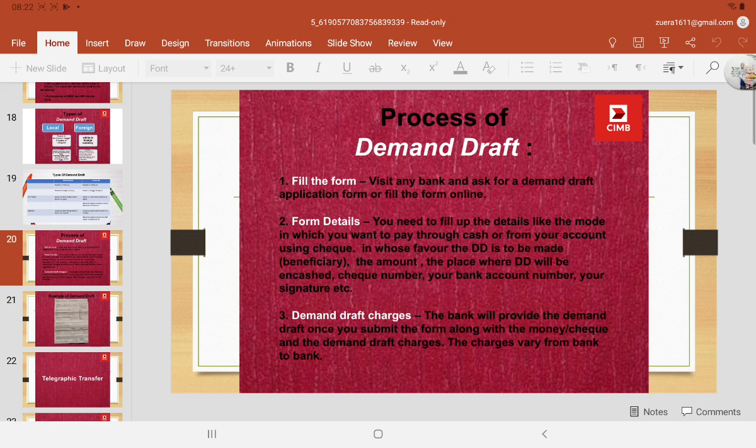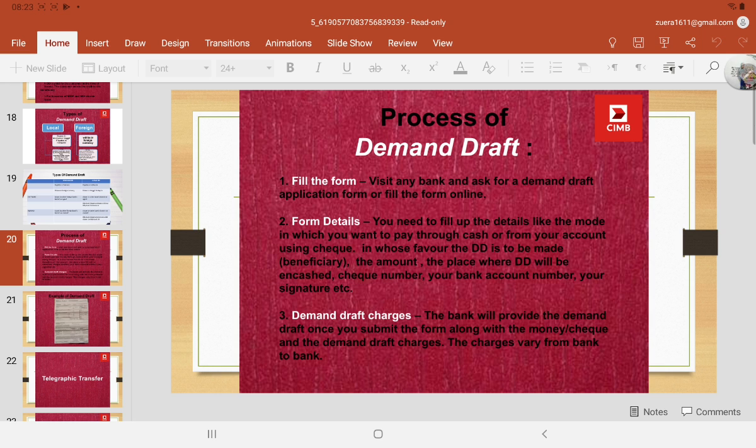For example, the beneficiary who will receive the amount must be stated on the demand draft, as well as the place where the demand draft will be encashed, whether local or in a foreign country, the check number, and the bank's account number. So these are the form details. Then you have to pay the demand draft charges, which are charged by the bank itself.